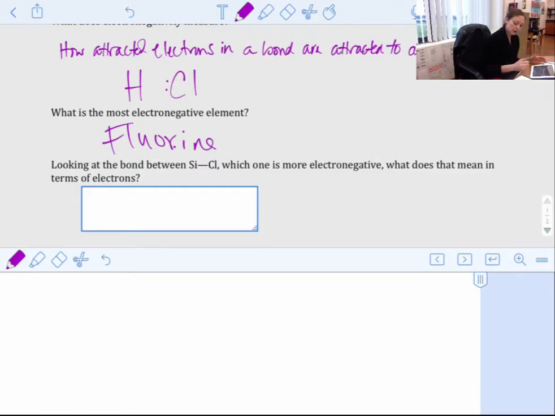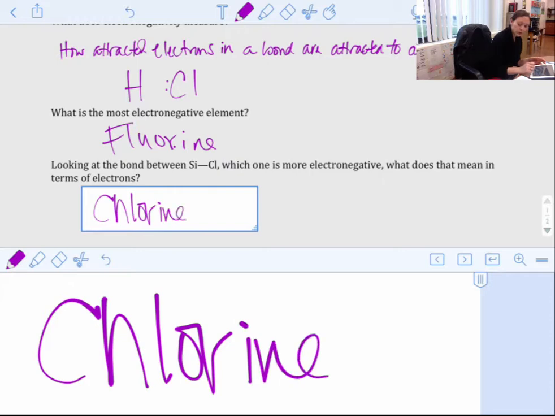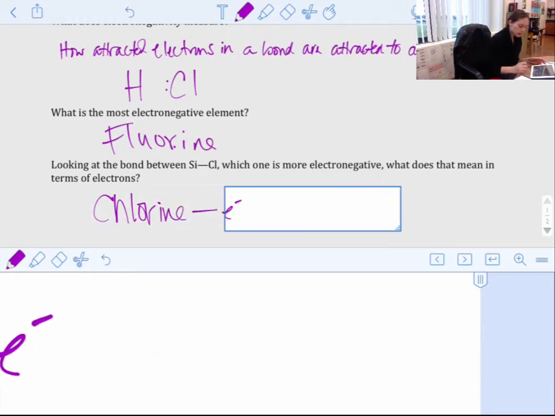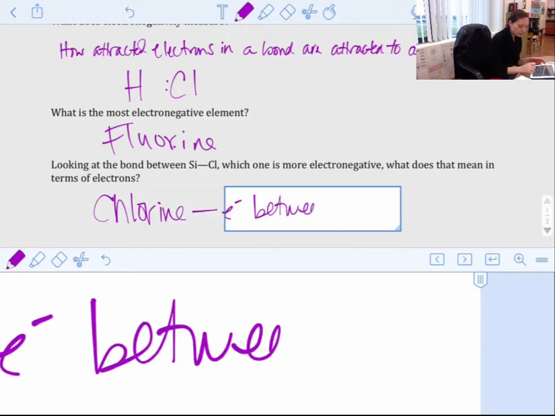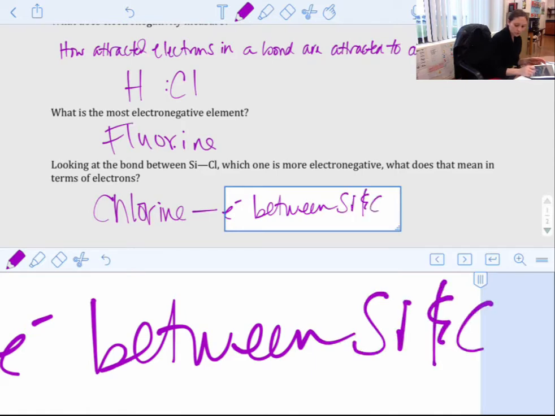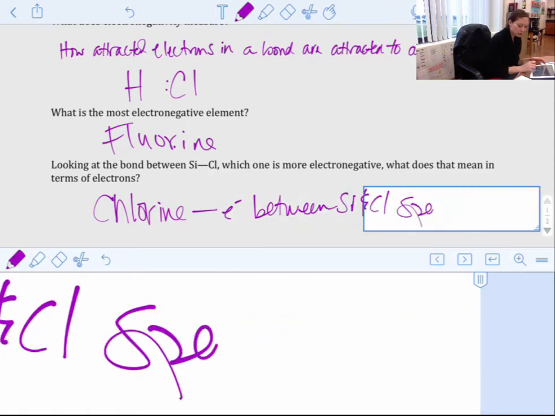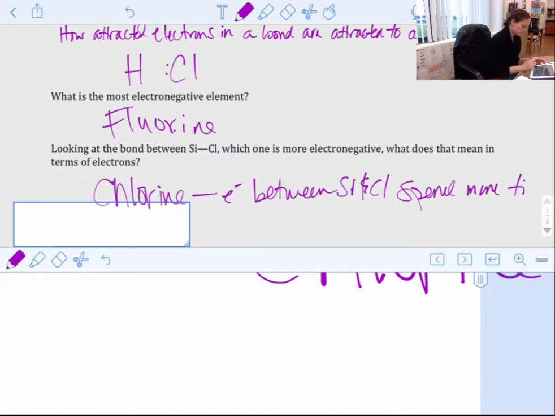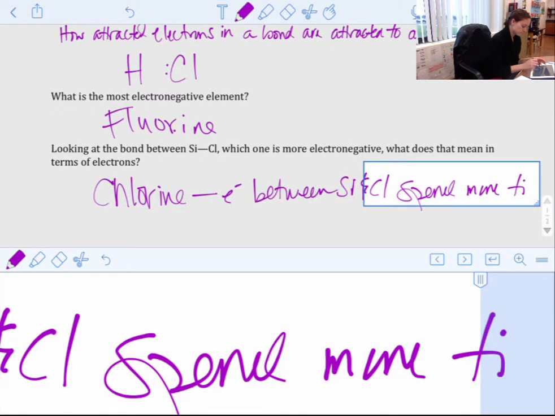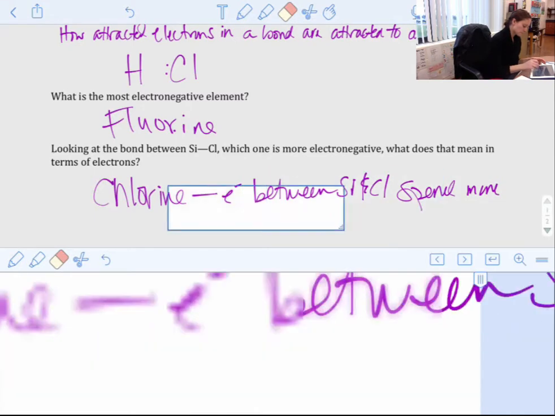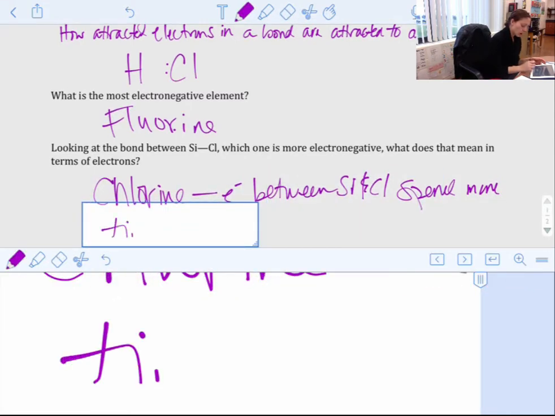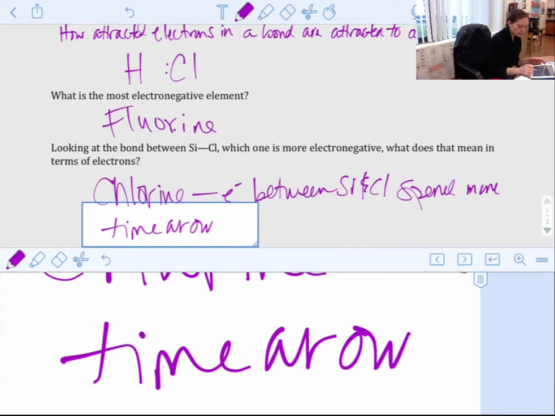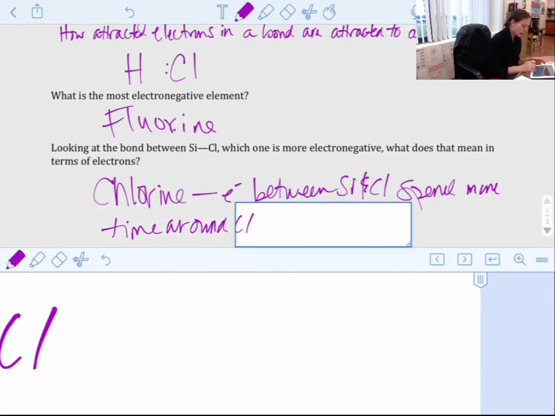So that means chlorine is my more electronegative one. So the electrons between Si and Cl will spend more time around the chlorine than the Si.